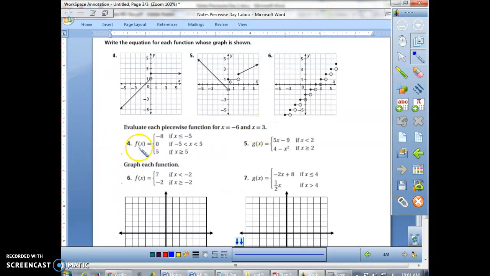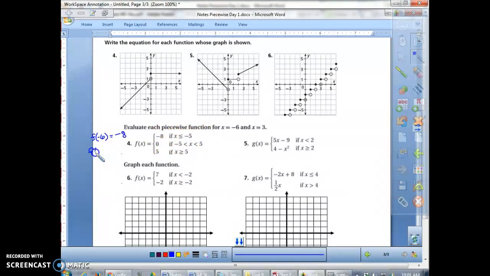So when I evaluate this function f for a -6, I have to figure out where x of -6 is even valid? So which of those little sections has a -6 in the domain? Is it the first, second, or third? It's the first. Very good. So it's just going to be a -8. It seems kind of weird, but it's just a line at -8, and -6 is in the domain here.